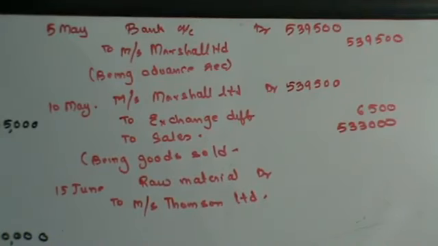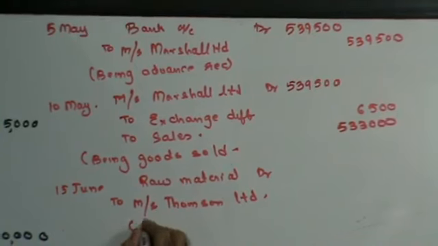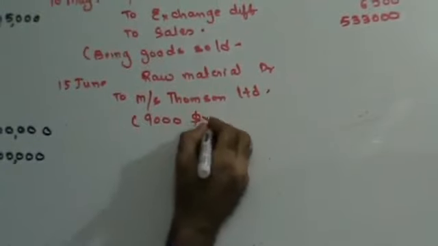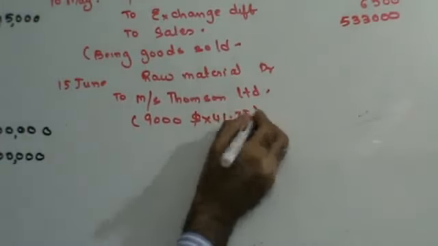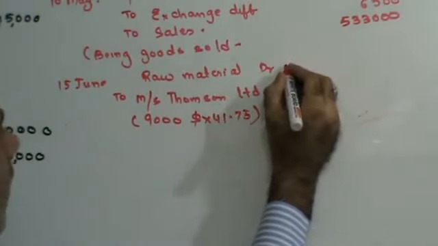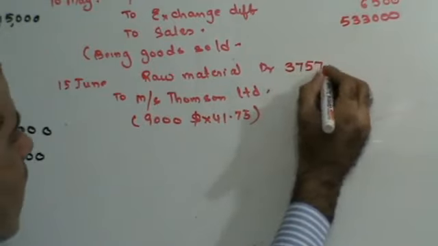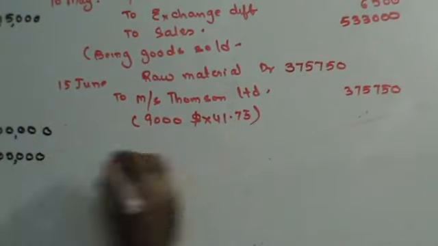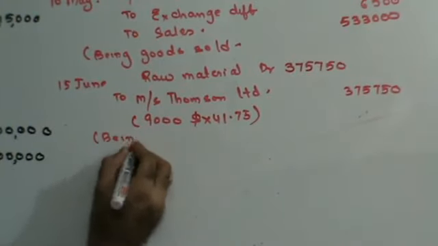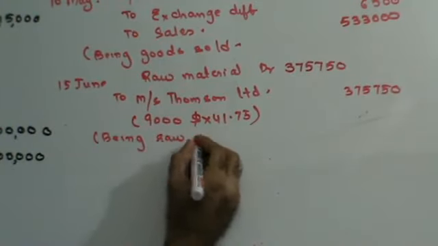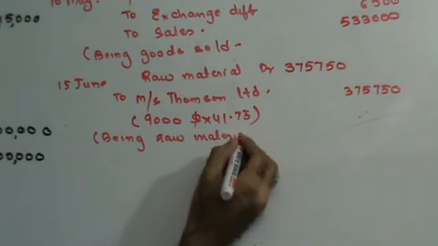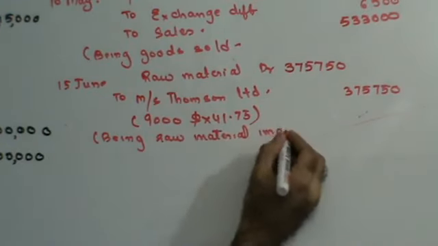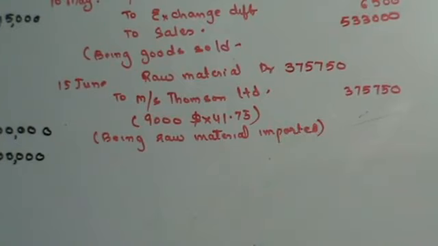Now, on 15th June, the dollar rate was 41.75. $9,000 into 41.75. Someone please give me that figure. 3,75,750. 3,75,750 being raw material imported. That was 15th June. Okay.